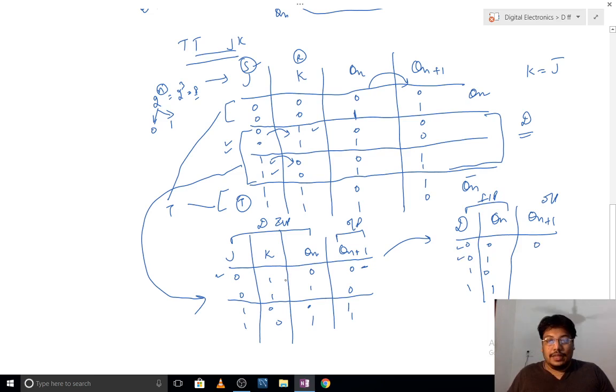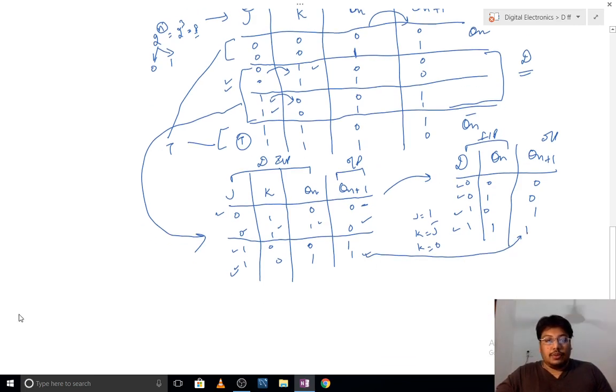In this case, J is 0, K is 1, Qn is 1, it is again 0. Now in this case, J is 1, K equals J bar, which is K equal to 0, and Qn is 0, so 1. And same for this, J is 1, K is 0 and Qn is 1, this will be again 1. So now it is acting as a D flip-flop truth table.